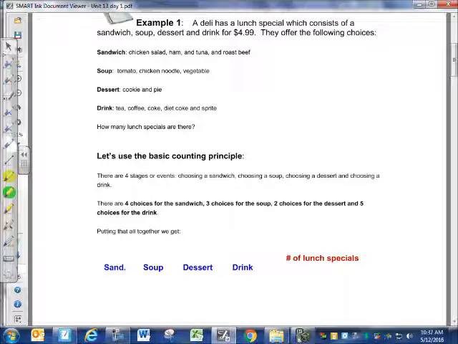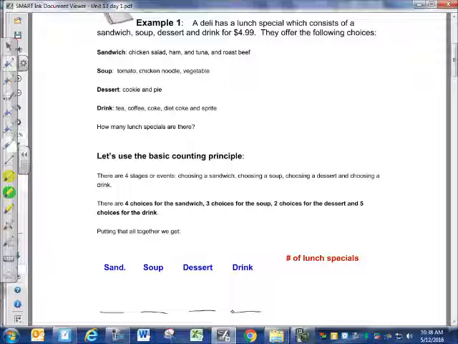I have 4 events. You got to pick a sandwich, a soup, a dessert, and a drink, and you got to figure out how many choices for each spot there is. I always draw lines. I'll say we got the sandwiches, the soup, the dessert, and the drink.